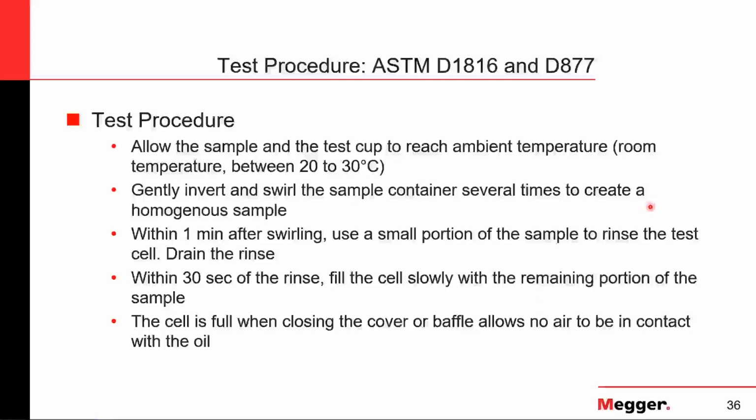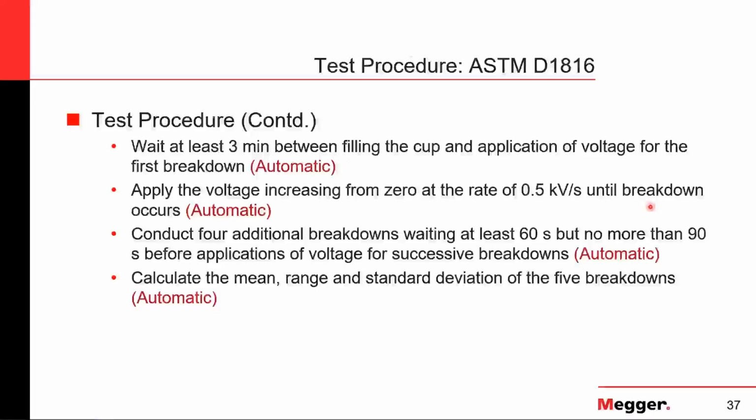We'll wait for 3 minutes before applying that initial voltage. And then the initial voltage application will start for D1816 at a rate from 0 up to the breakdown voltage using the 0.5 kilovolts per second rate. After that initial breakdown, we have a waiting period again between 60 to 90 seconds.